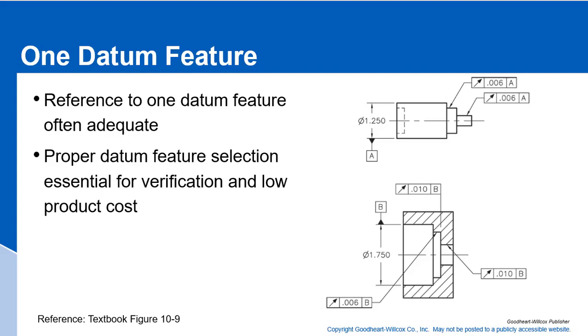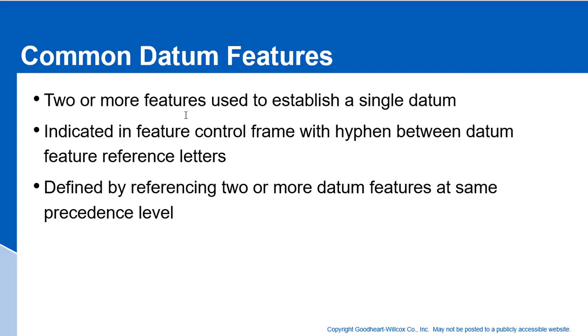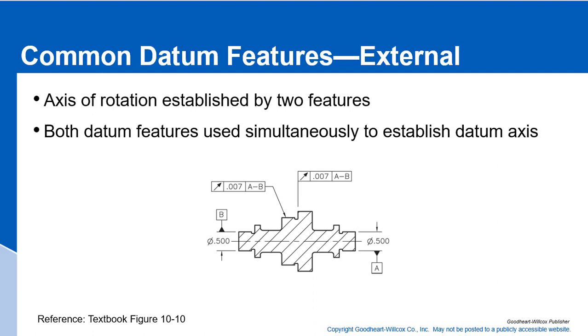Okay, common datum features. We talked about this before, but it's where you've got two or more features used to establish a single datum, and it's indicated in the feature control frame with a hyphen between the datum feature reference letters. And then these are defined by referencing two or more datums at the same precedence level. Okay, so here is how that looks. So we've got this part.